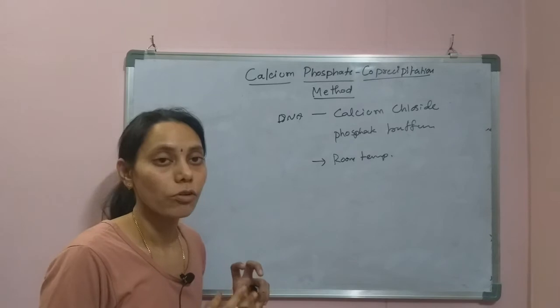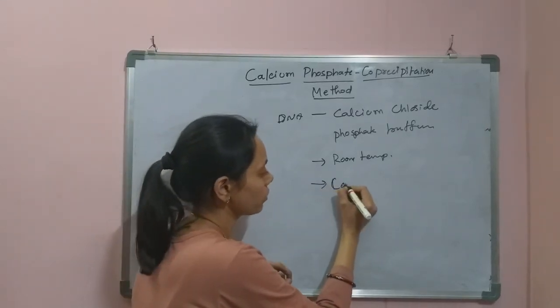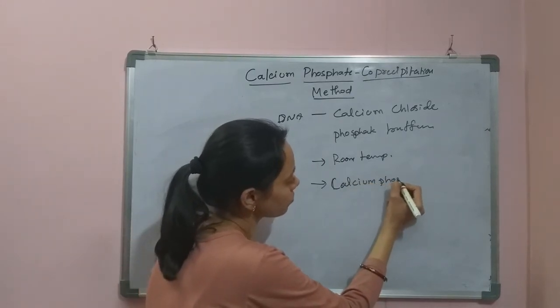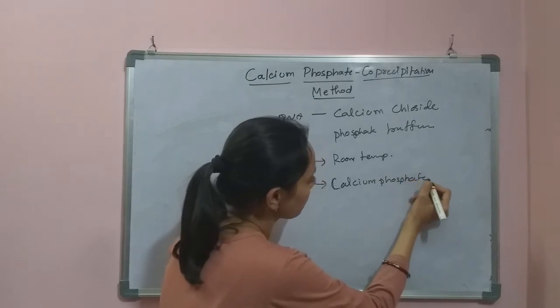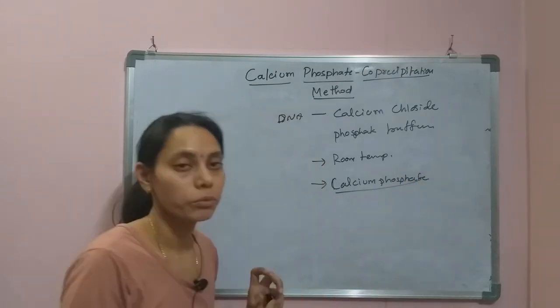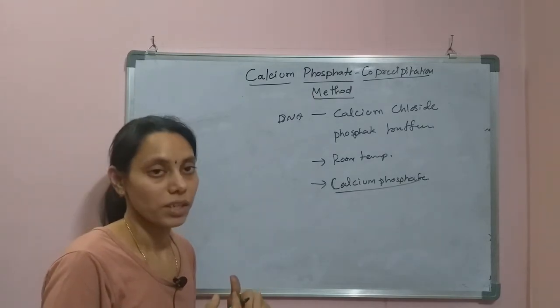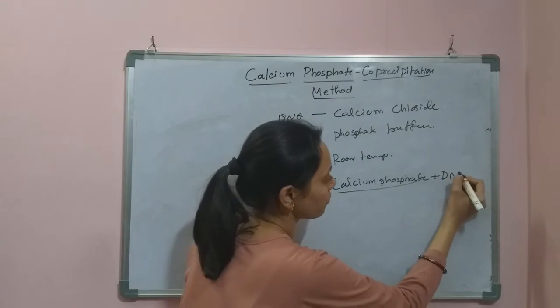During the course of incubation, the calcium phosphate complex will form, which is insoluble. This calcium phosphate is an insoluble complex and it will precipitate. As it precipitates, it will also precipitate the DNA along with it.